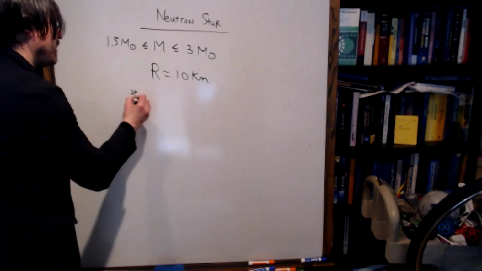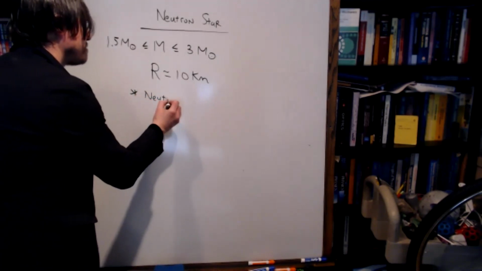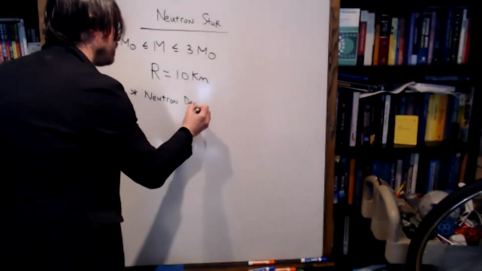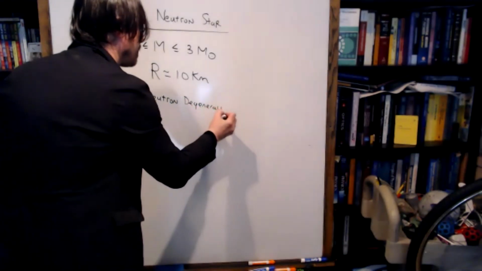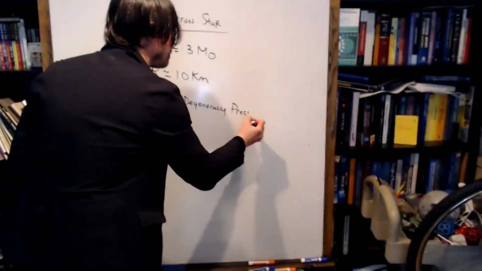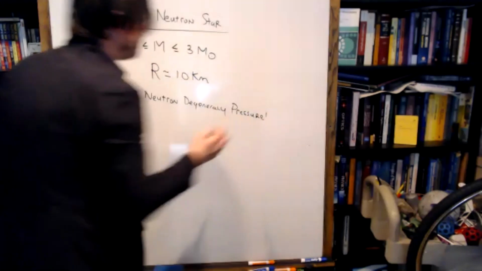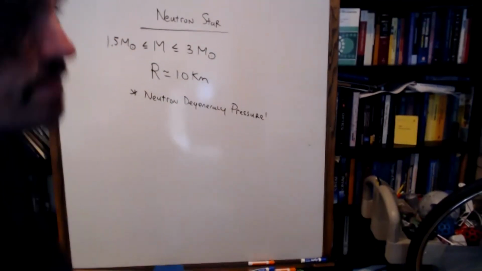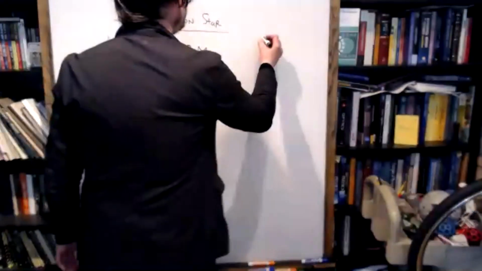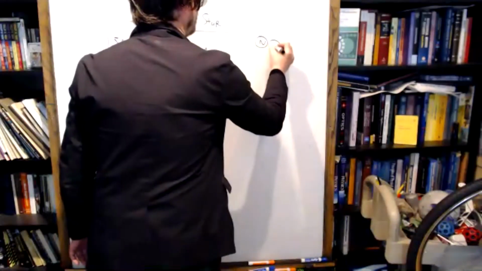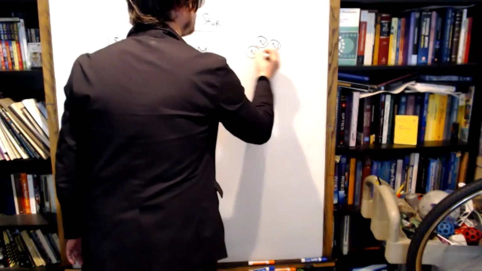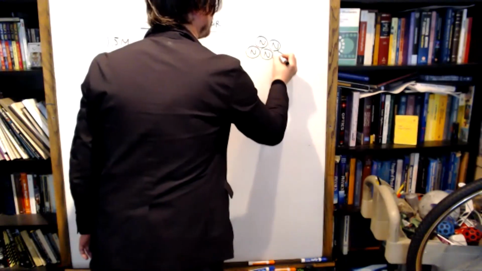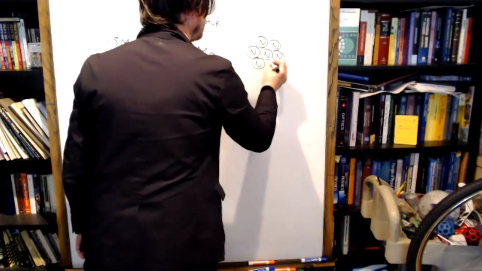They're held together by neutron degeneracy pressure. And of course, I don't think I need to mention this, but just in case, remember class, if you have a giant ball of neutrons, that substance no longer appears on the periodic table of elements.